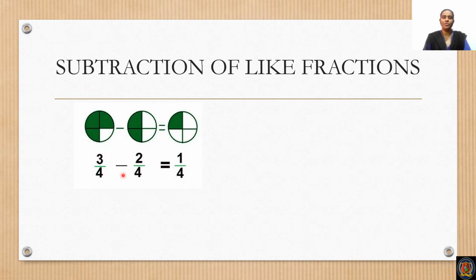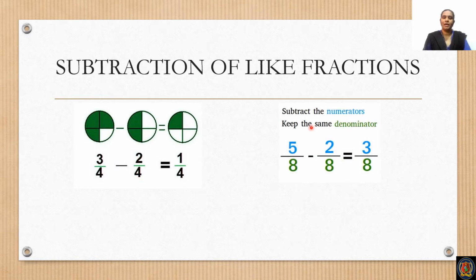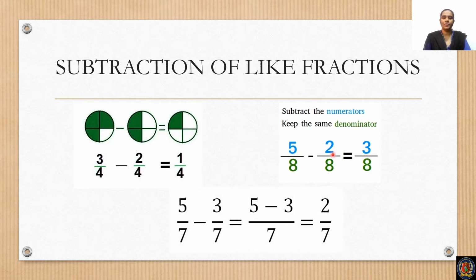So 3 by 4 minus 2 by 4 is equal to 1 by 4. Subtract the numerators, keep the denominator the same. 5 by 8 minus 2 by 8, the denominator is unchanged, 8 as it is. 5 minus 2 is 3. One more example, 5 by 7 minus 3 by 7 gives you 2 by 7.